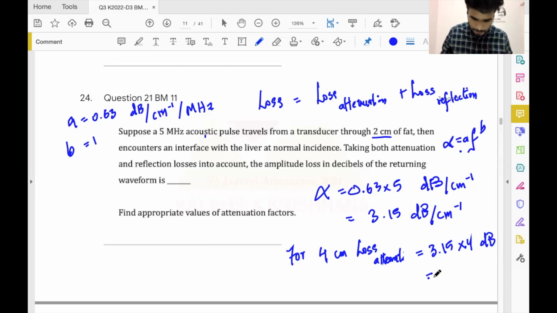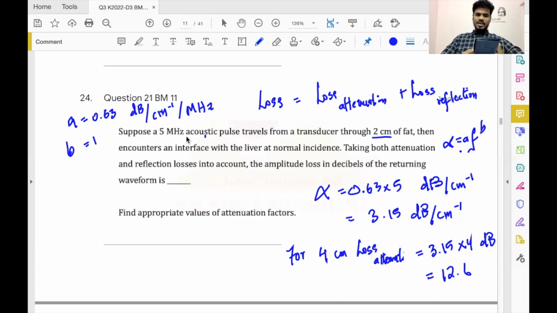What is this? 12.6. So we already got a part of the answer. For example, if you calculate AZ by A naught or some of the other things, let me quickly do that, just give me one second.